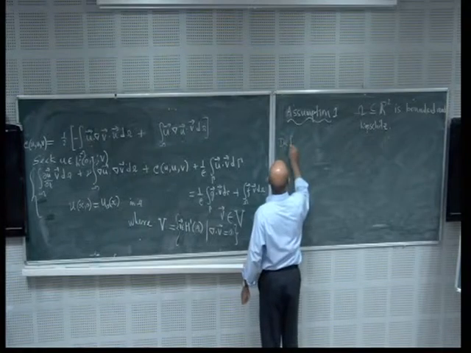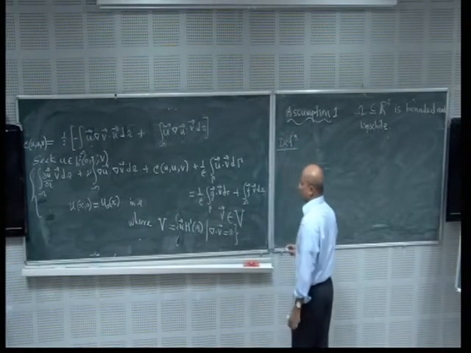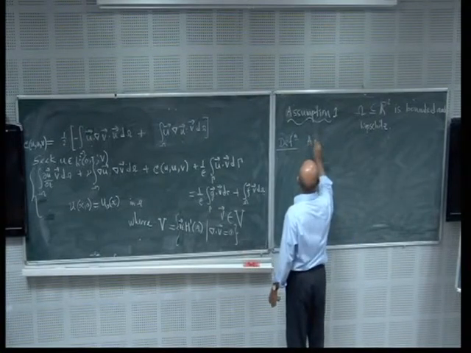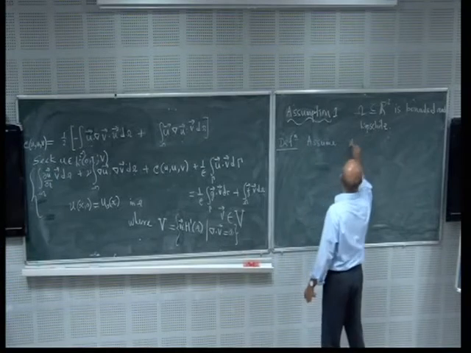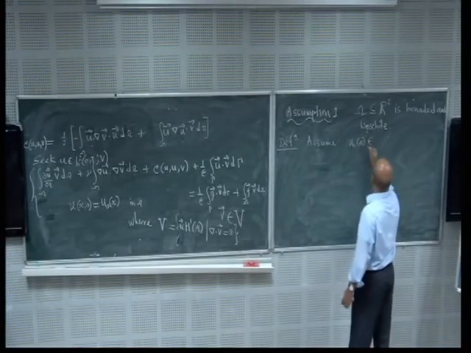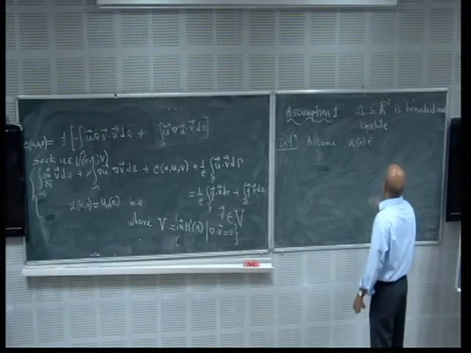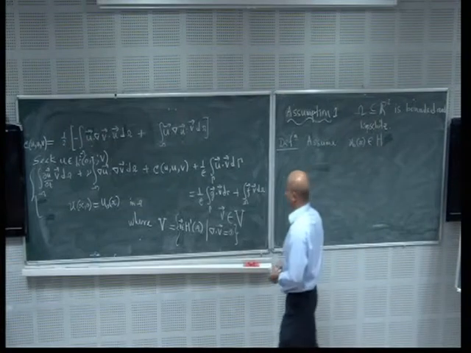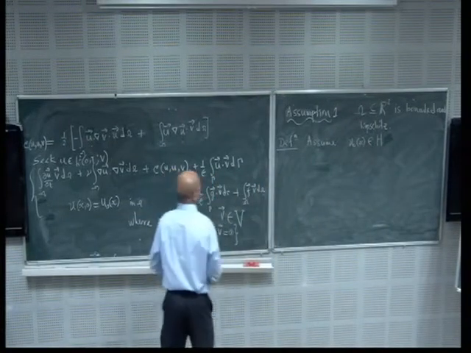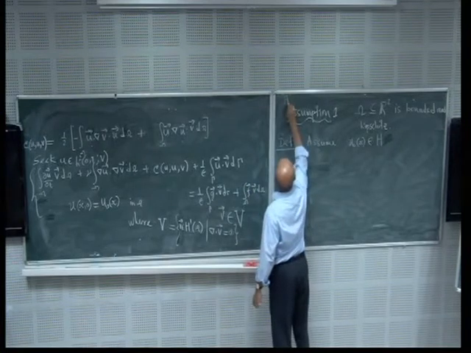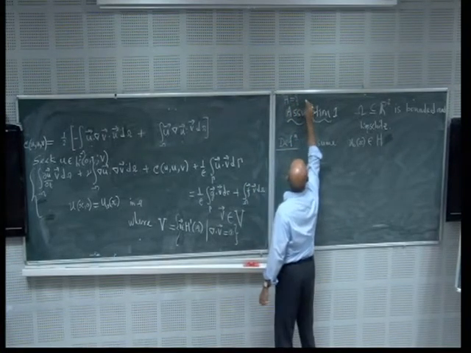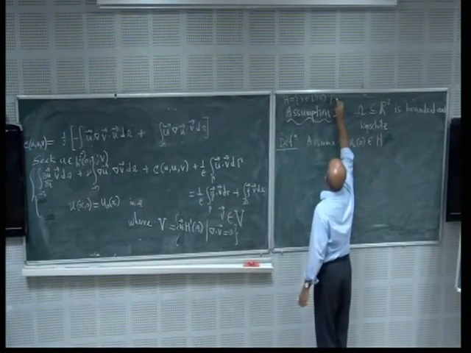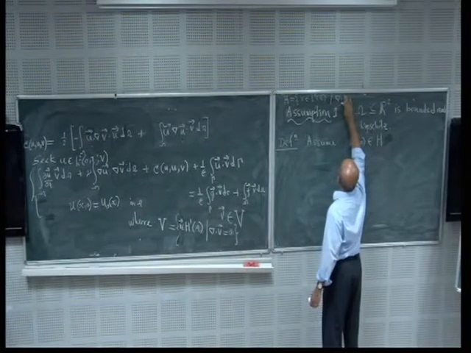Here is the definition of weak solution. Assume U0 of x belongs to H. Now I need to define what H is. H is the set of V in L2(omega) such that the divergence of V is 0.